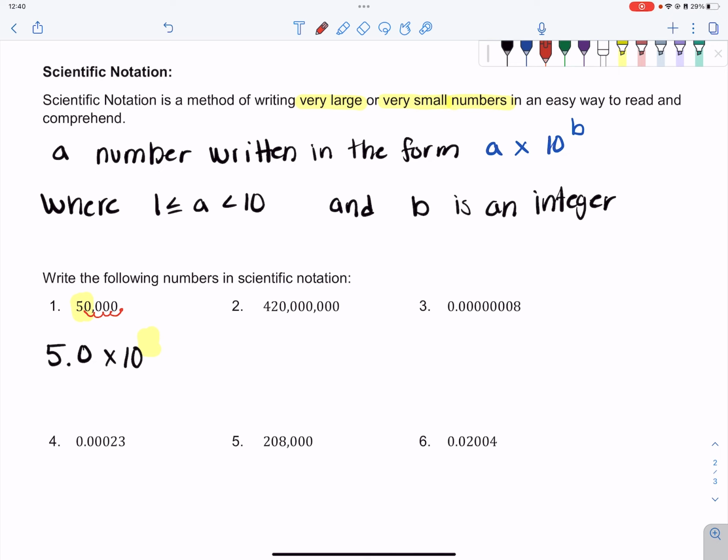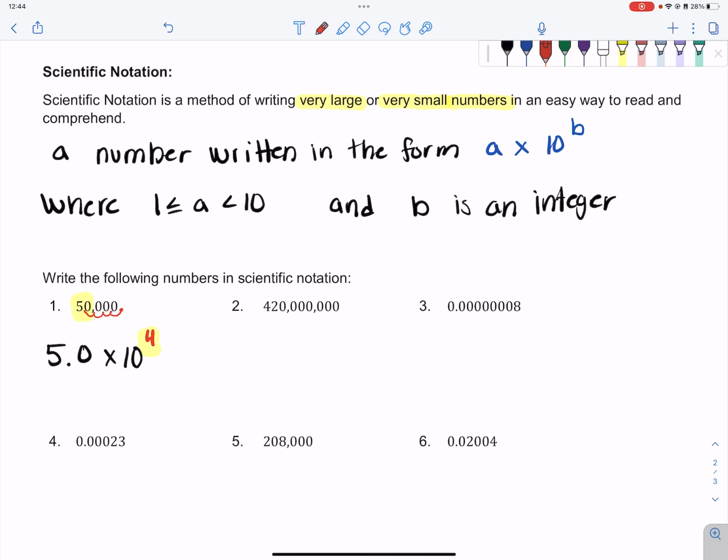So that means my exponent on the 10 is going to be 4. So I'm going to have 5 times 10 to the 4th power. And we can think this through. If you were to evaluate what 10 to the 4th power is, well, that is 10,000. So 5 times 10,000, that is the same thing as 50,000.